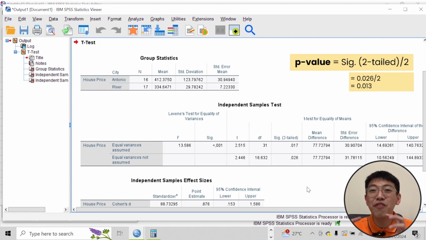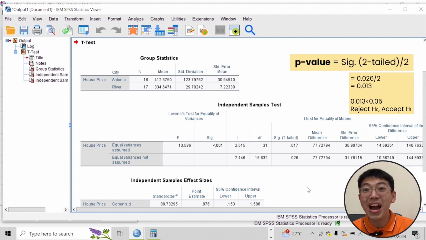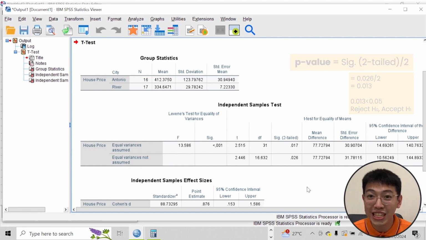This is the p-value of the one-tailed test. The 0.013 is less than the significance level, which is 0.05. Therefore, we should reject H0 and accept H1. We can conclude that the mean of the house price in the Antonio City is higher than the mean of the house price in the River City.